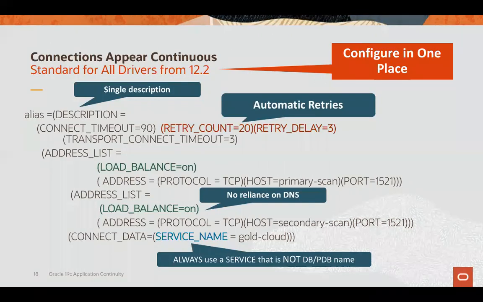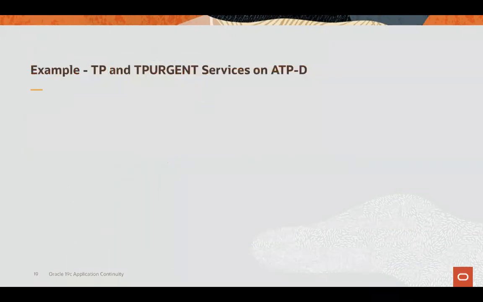And we specify parameters for the retries. We specify the retry count and retry delay. This is a very simple example. This configuration is available starting with the 12.2 database, 12c release 2 database, but we have enhanced a lot of these features in Oracle 18c, as I was explaining in the previous slides.